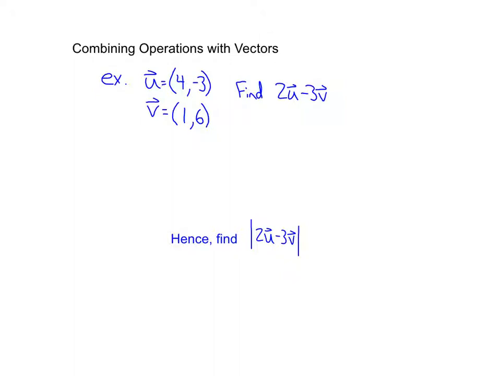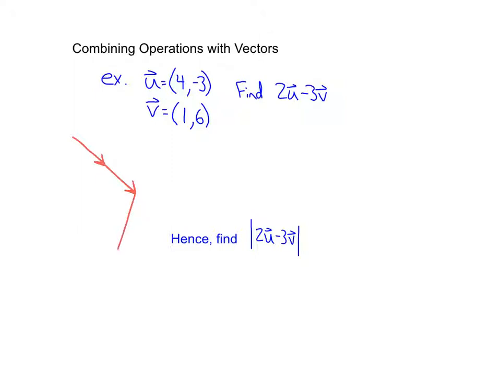Okay? So now we can combine various operations together very easily. Here's where this is so much nicer than actually doing it graphically. If I wanted to do 2u minus 3v, if I were drawing this, I'd have to do 4, negative 3, something like this. Here's my 2u, and then a minus v is negative 1, negative 6.